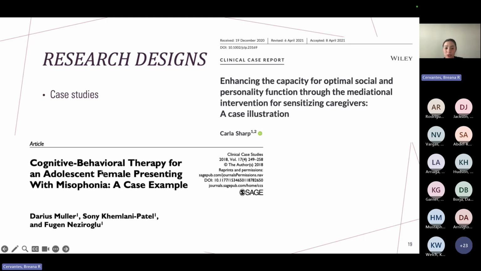And so this actually was super helpful for me because they wrote what the presenting information was for this teen that they were working with. They wrote what the intake information was, and then they wrote, I think it was session by session, this is what we did in every session. Here's the survey we administered every so often to test how the symptoms were going down or going up.